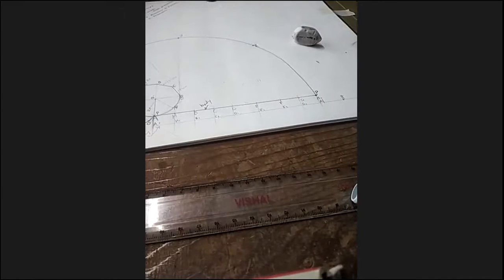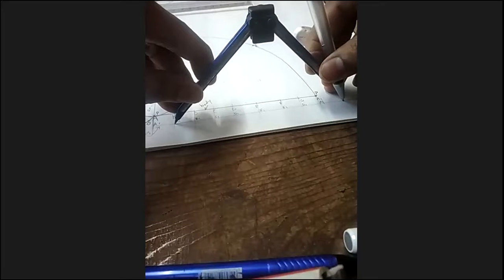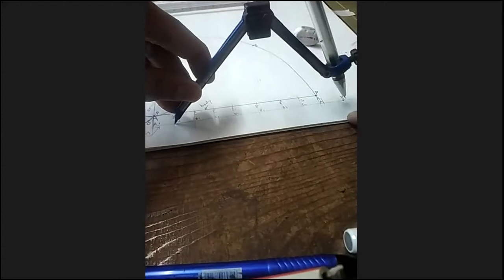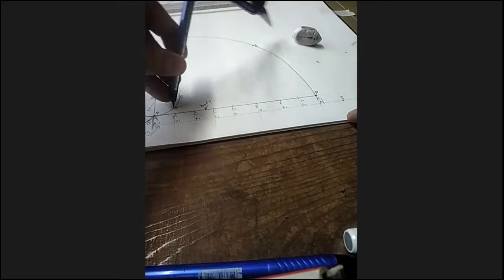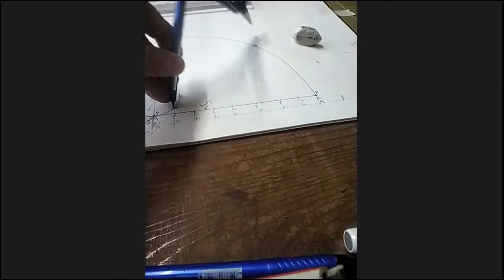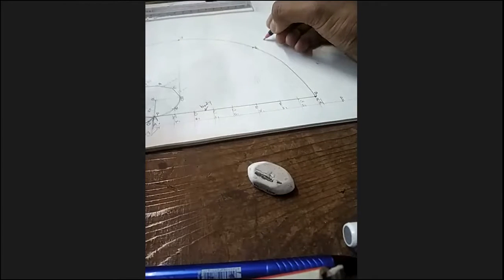Now what will we do? Simple, same as earlier. Tangents are already there. I'll mark from H to P1. Up to P1 I need to go. From this H, I will mark here. I will change the color for that. So this point is my I1.